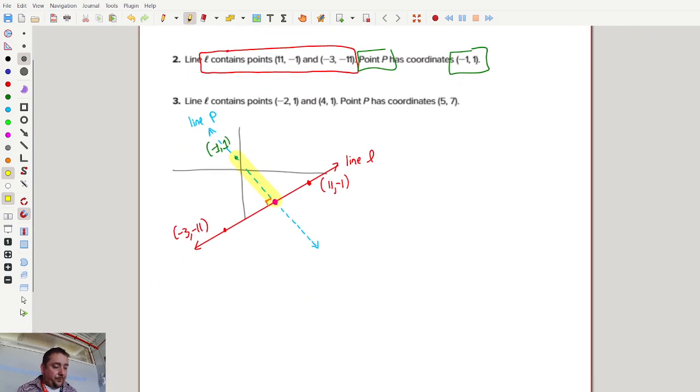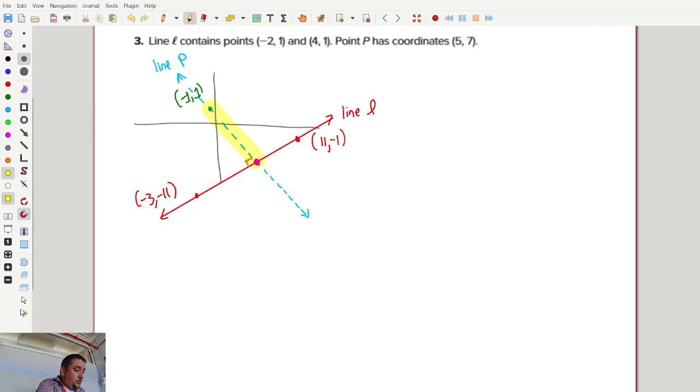Here we go. To calculate line p, I need to first create the equation for line L. With that being said, we need the slope of line L. So I'll make a little note here.